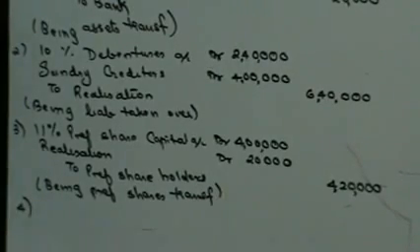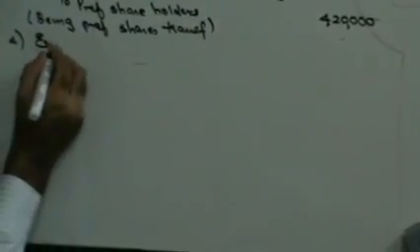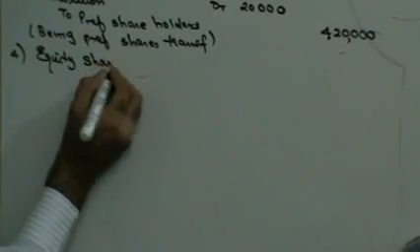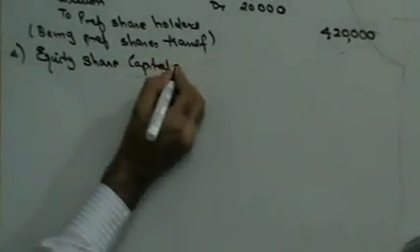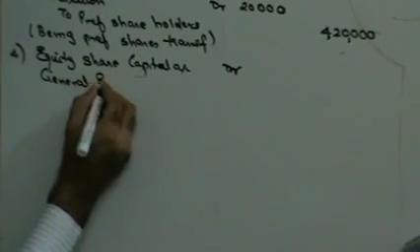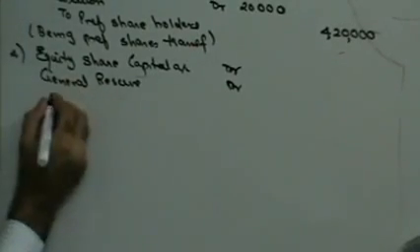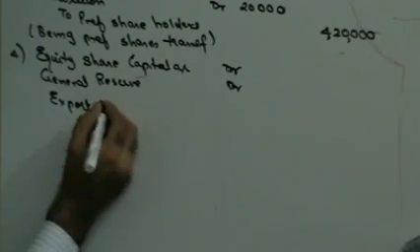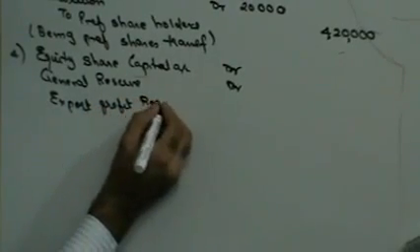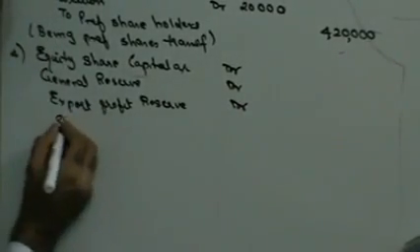Next, once you transfer the preference shares, then you need to transfer the equity shares. So you will have equity share capital account debit. Then you have general reserve account debit. Export profit reserve account debit. Statutory reserve account debit.